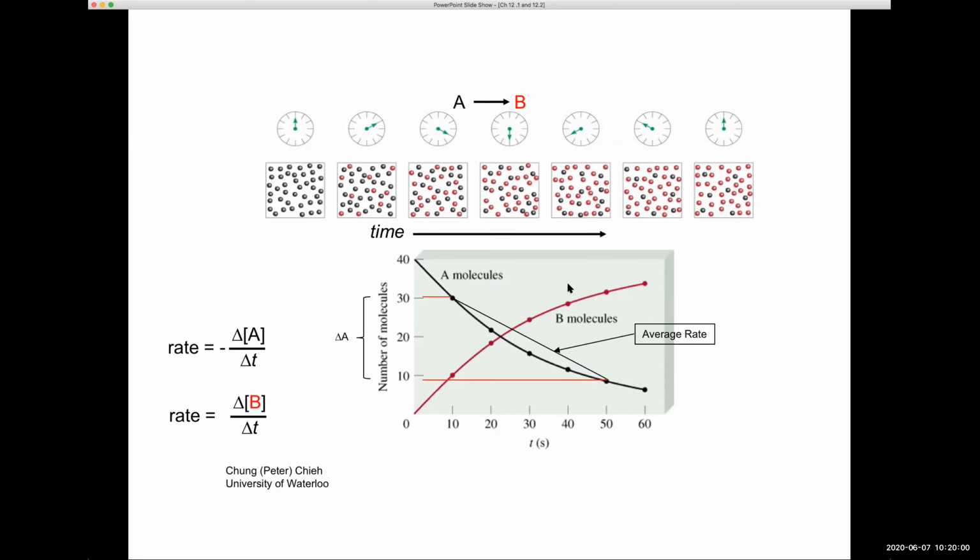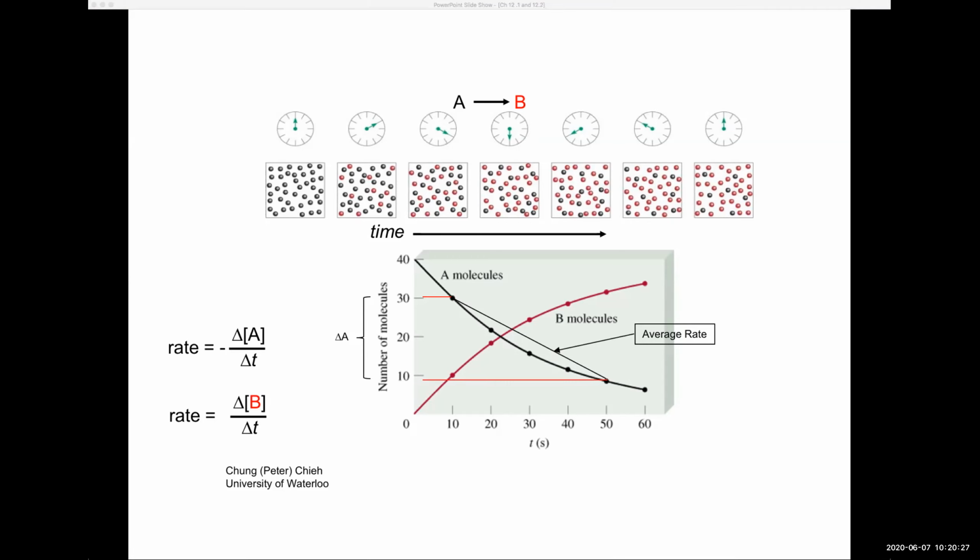It's not constant. As we get into integrated rates, we'll see there's one type of reaction where the rate stays constant the whole time. But otherwise, for most chemical reactions that are studied, the rate slows down as the reaction progresses.